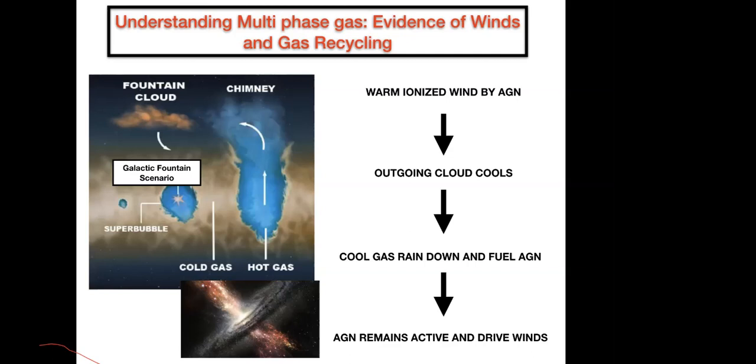And this cool gas rains down in the galaxy. It comes back down as infalling gas, makes its way into the center of the galaxy, and fuels the AGN in the center. That's how the AGN remains active, and then it drives winds again. So this is completing the gas cycle in these galaxies.